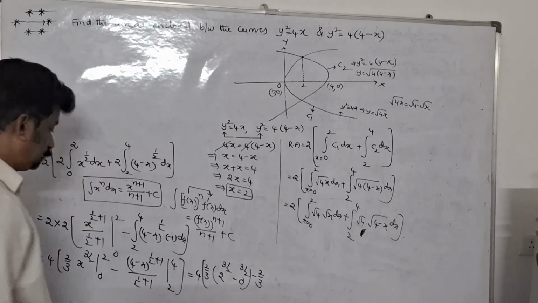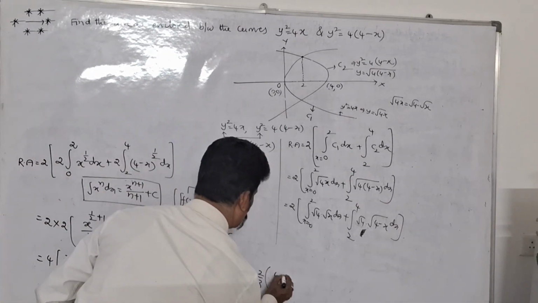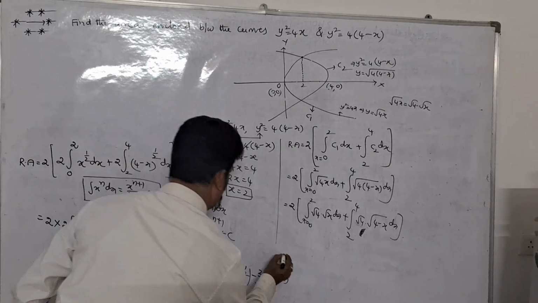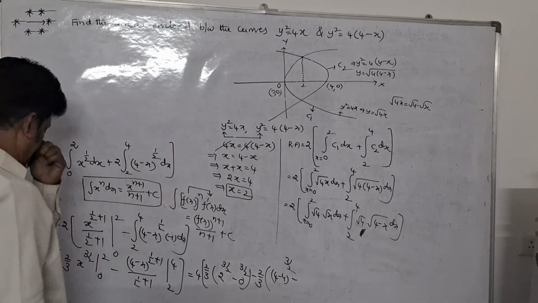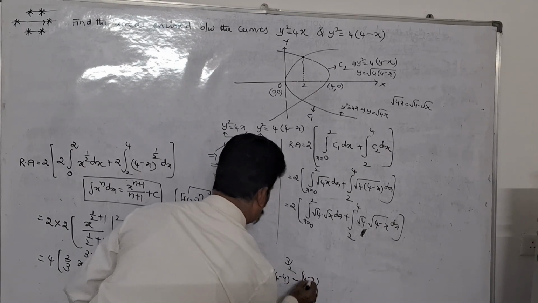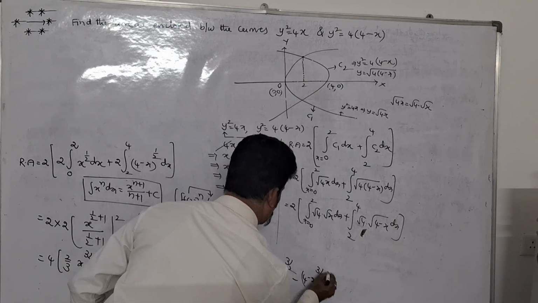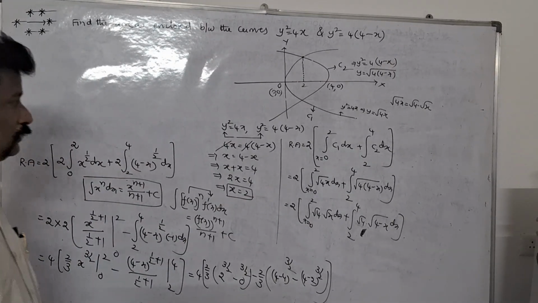This also 2 by 3, upper limit x is 4: 4 minus 4 whole to the power of 3 by 2, minus lower limit x is 2: 4 minus 2 whole to the power of 3 by 2. That's it.